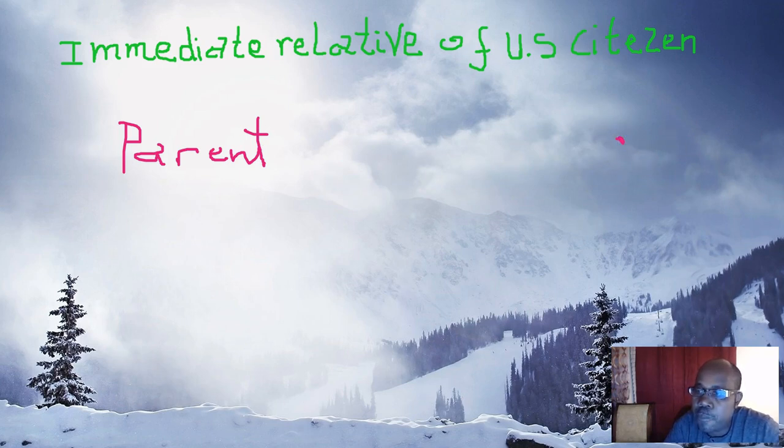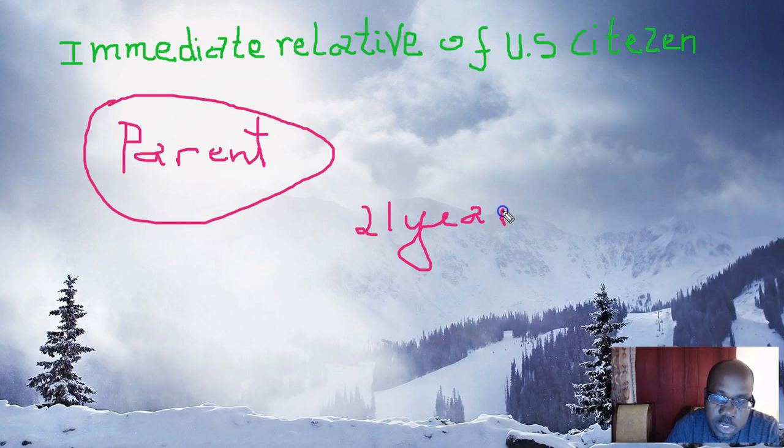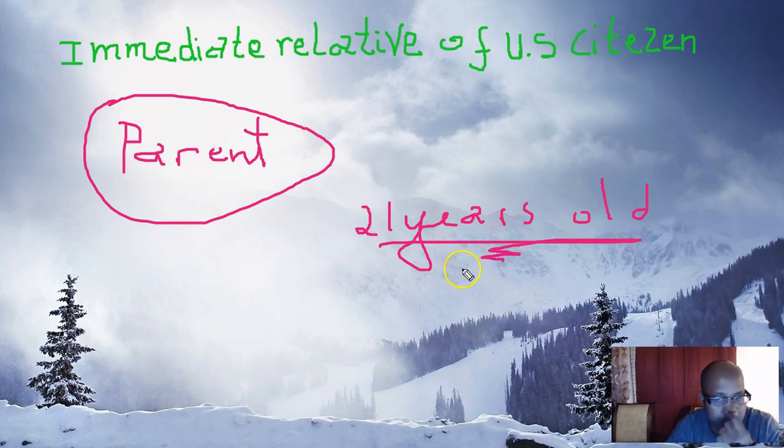But keep in mind, in order to apply for your parent, you need to be 21 years old. You need to be 21 years old to apply for your parent.